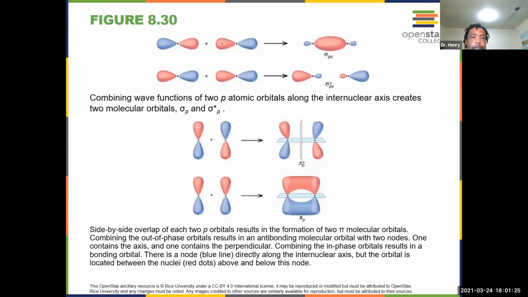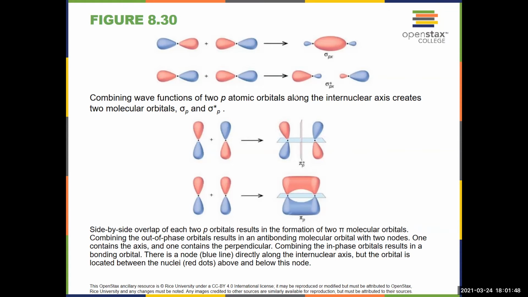If it's out of phase, meaning there's a blue next to that red, they're not able to merge, and then we form an antibond. They don't come together, they don't merge. Are you with me?